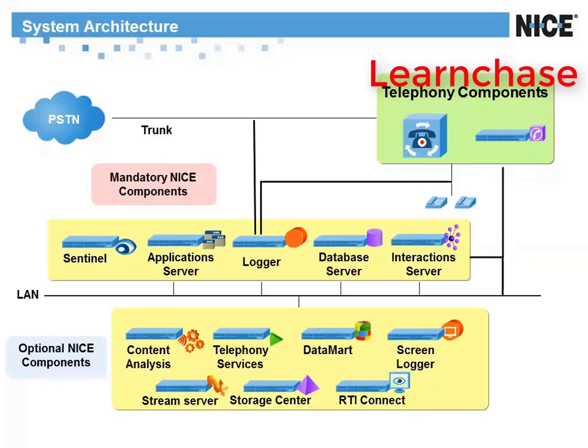On a telephony component, NICE requires two things to record a call: one is RTP packets and another is CTI. As we earlier discussed, CTI is passed.